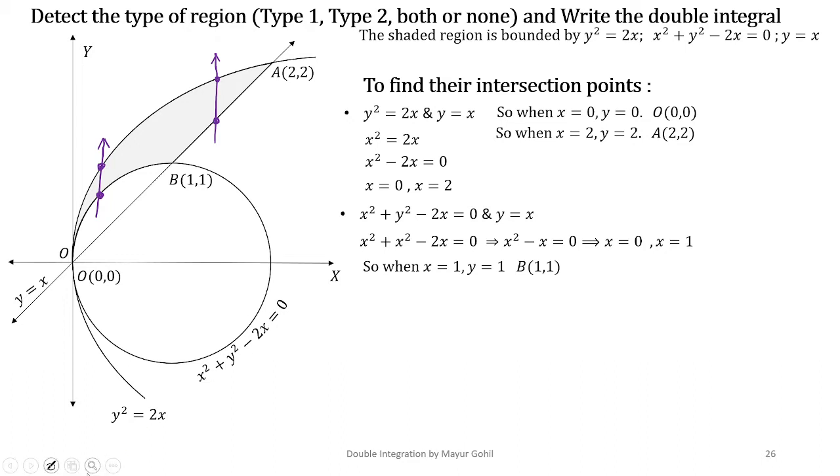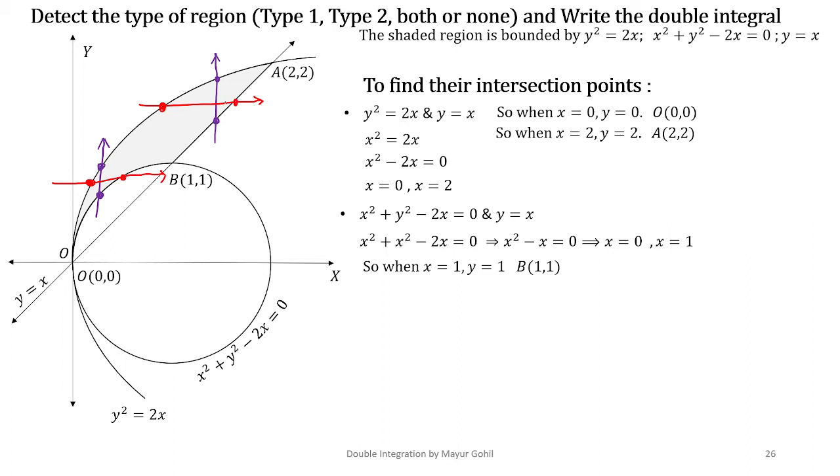Let us check what happens if we try to see this region as type 2 region. When I draw a horizontal line, I see the entry point is the parabola and the exit point is the circle. But over here, again, entry point is the parabola and the exit point is the straight line.